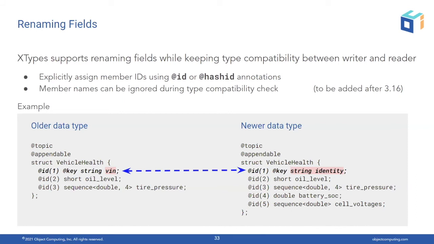For example, the member that we want to change the name of is hash ID number 1 in this example. And the second thing we need to do is to set the QoS of the reader side of the application so that it ignores the member names when doing the compatibility check between the older type and the newer type.